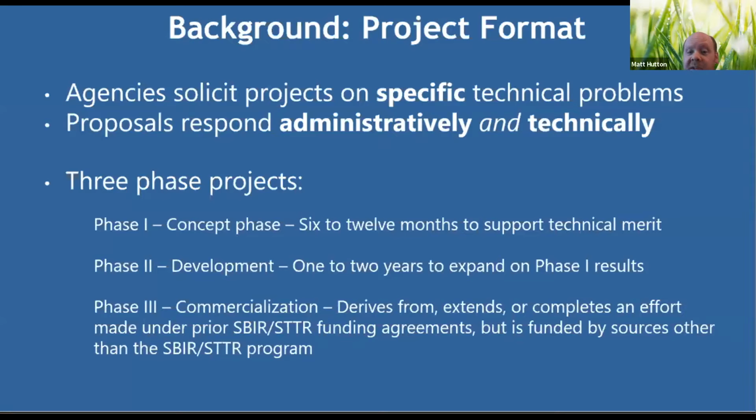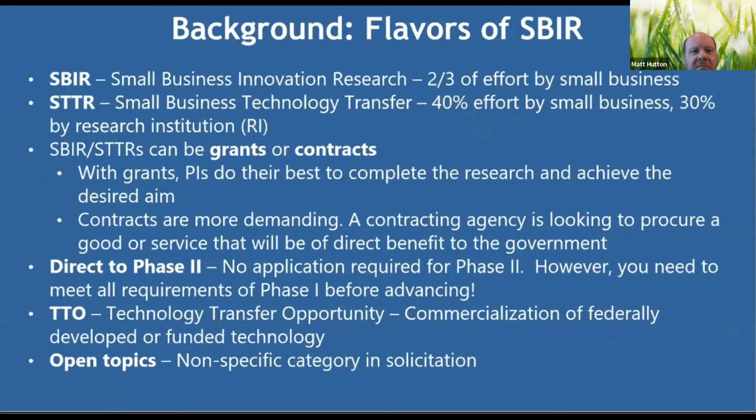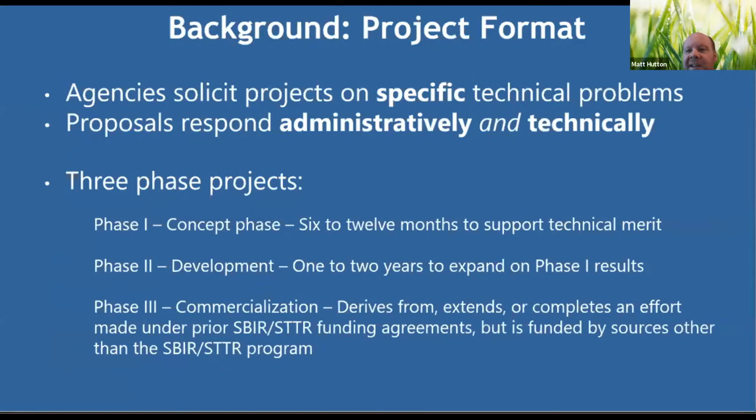In terms of administration, you have to really hit all the points that they're asking for. Are you within the budget constraints that they've set out? Are you under the budget maximum? Do you have all the research institute requirements that they have set out? Do you have the participation from all the partners?